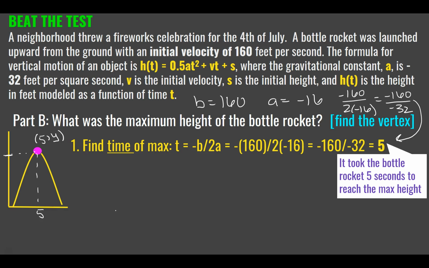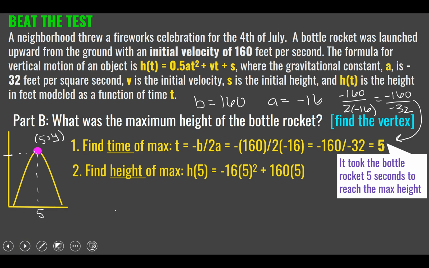So 5 is now my h or it's my t? It's your t. 5 is my t. So let's plug it back into my equation, replacing all of the t's with a 5. My height after 5 seconds will equal negative 16 times 5 seconds squared plus 160 times 5. I'm going to square that 5.